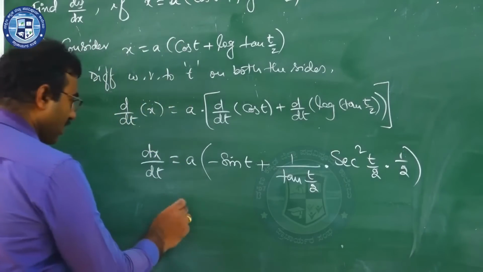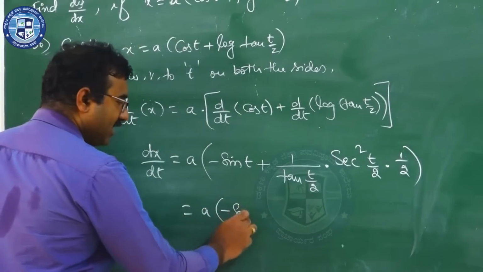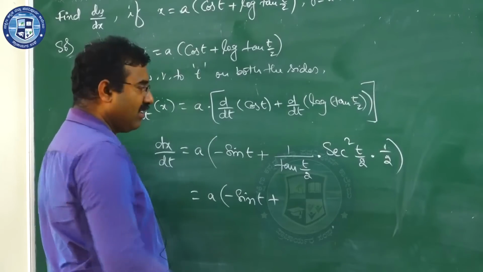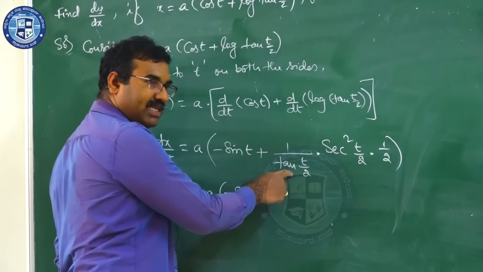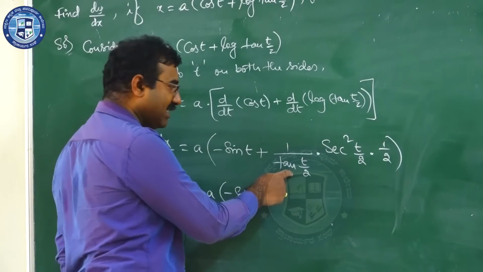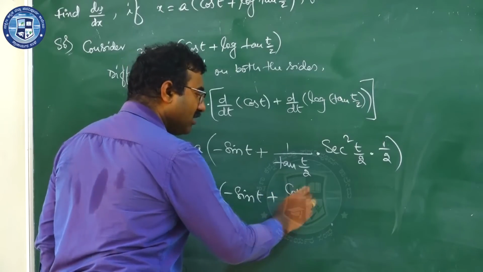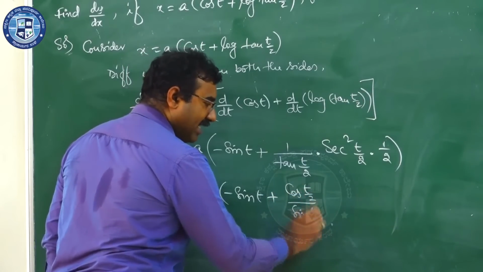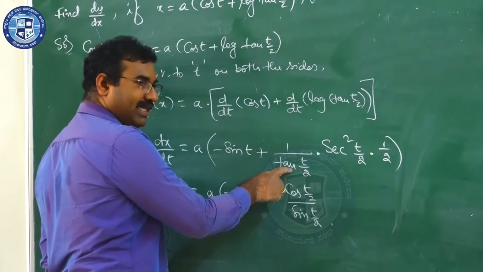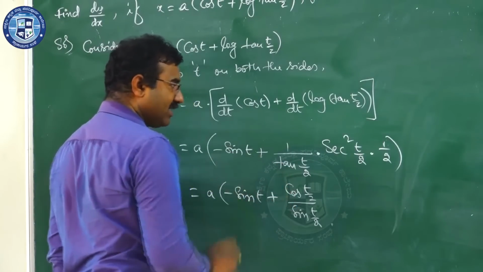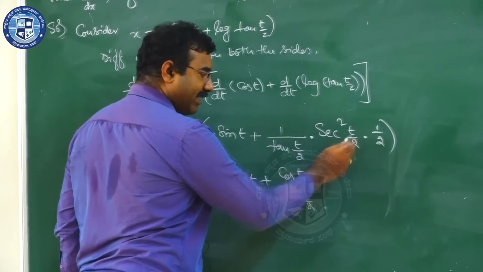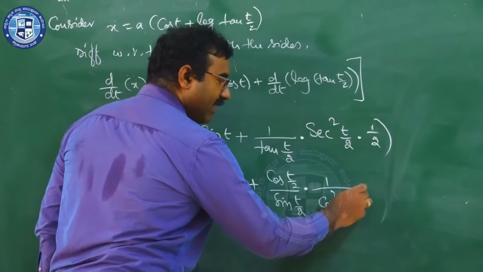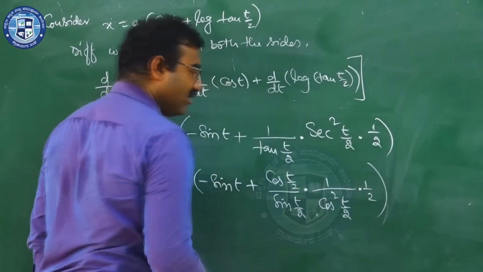Next, continuing, a into minus sin t plus 1 by tan t by 2, which is cot t by 2. 1 by tan means cot means cos by sin, so it becomes cos t by 2 divided by sin t by 2, into secant square t by 2, which you can write as 1 by cos square t by 2, into 1 by 2.